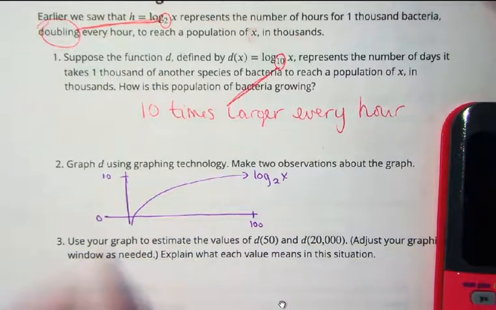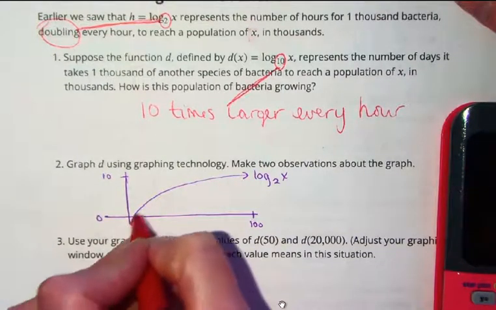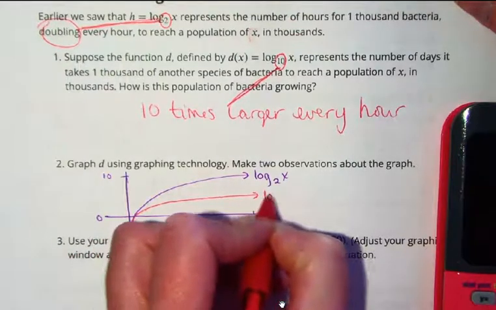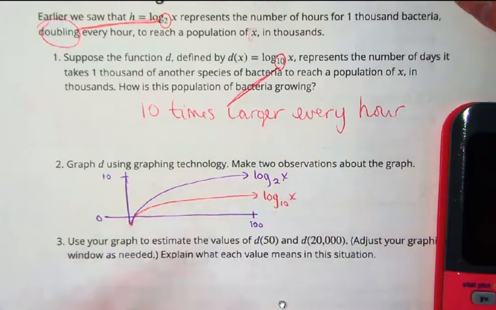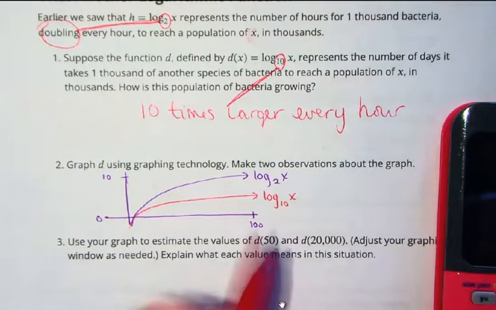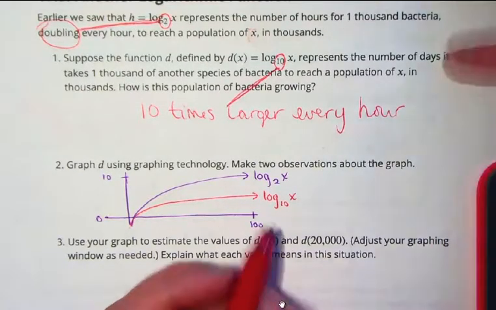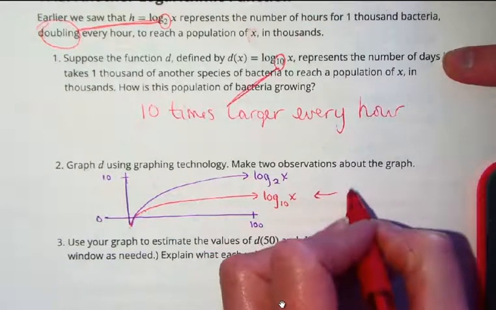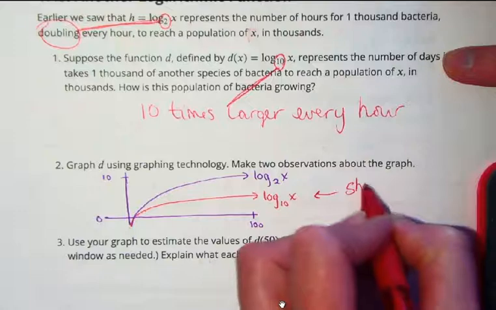And our new graph, base 10, is actually much, much shorter, something like this. So it still has that curve to it. It's still going to taper off into a plateau faster. So I'm going to get this idea. Two things that I'm observing is that it's a much shorter graph.